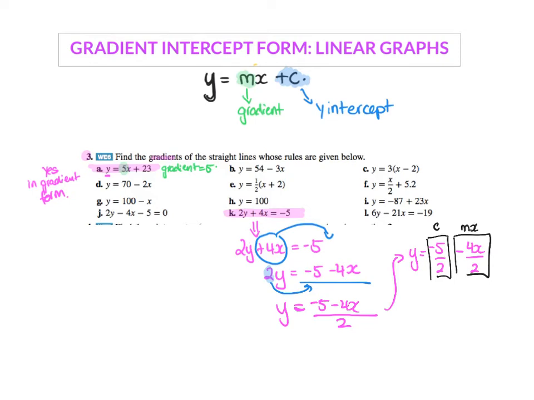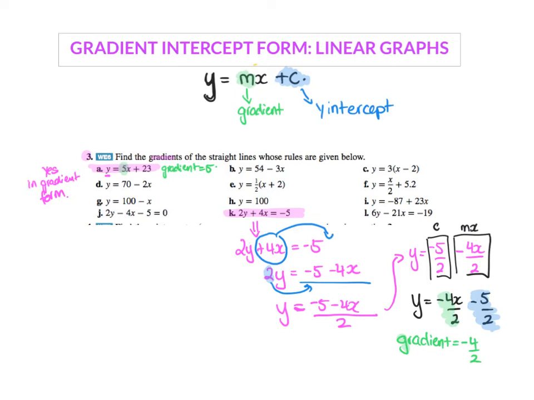So if I rearrange that and just wrote it like this, y equals, now I haven't changed the signs, I've just moved them so that the x was in the front, I can see that this is my gradient and this number here is my y-intercept, but they've just asked me what the gradient is. So for this question, the gradient equals negative 4 on 2. That is the number in front of x.